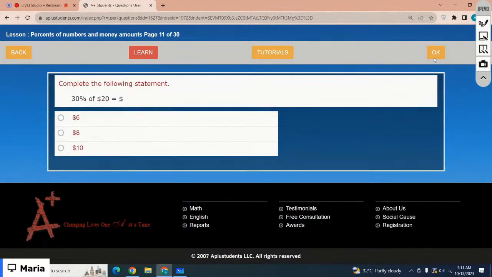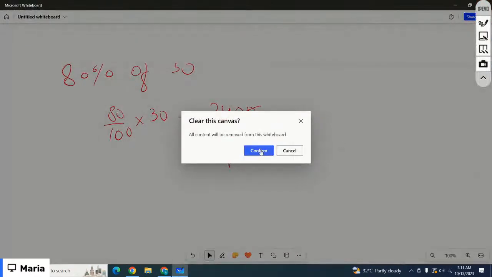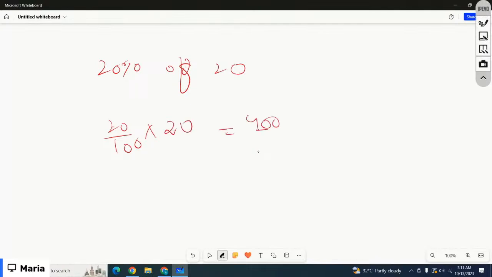Let me do it on the board. 20 over 100 times 20. 2 times 2 is 4, that is 400 over 100, which equals 4.